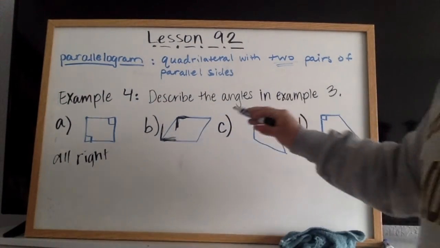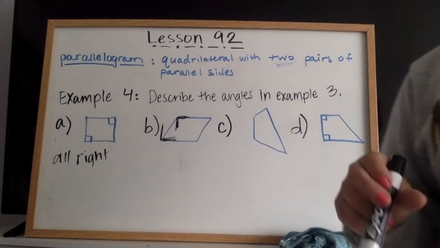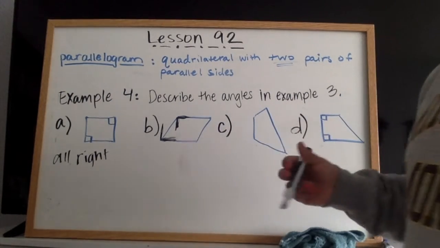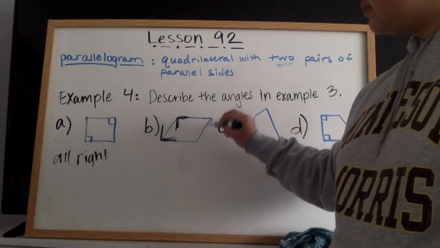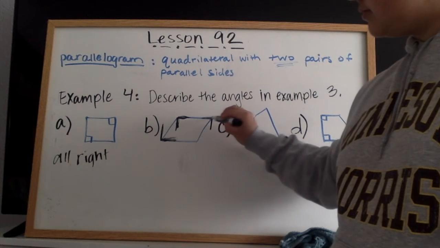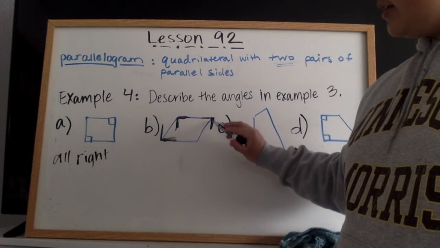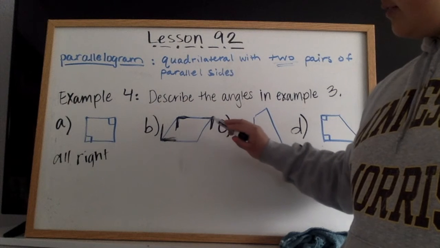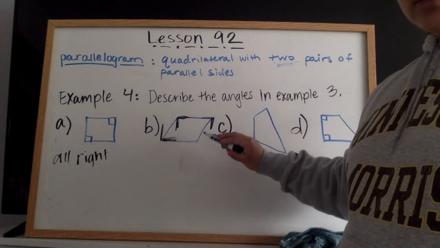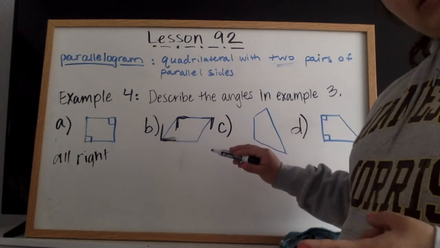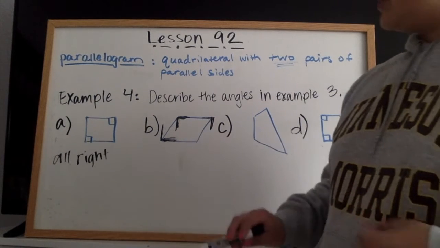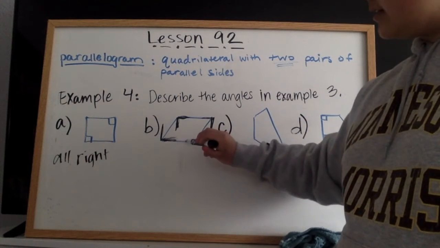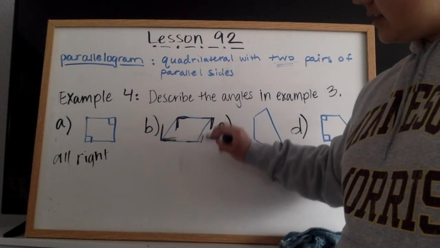I'm just going to keep going around to all the angles, and then we can count how many of each there are. So this one, the angle is inside of a right angle, so it's smaller, which is an acute. So right now we have two acutes and one obtuse. Now we have one more angle to look at. This line.